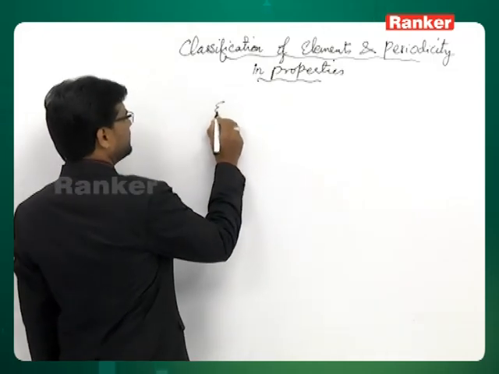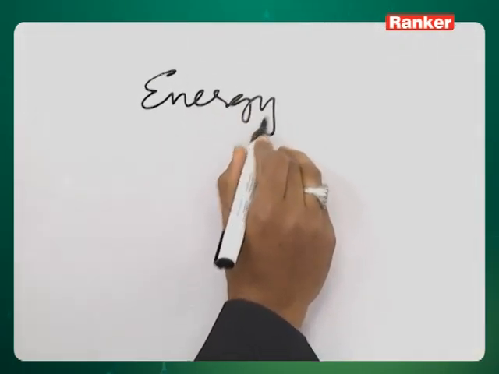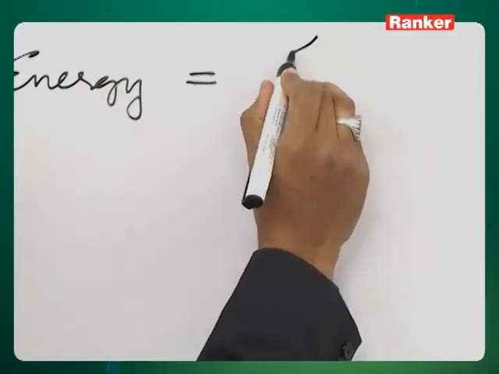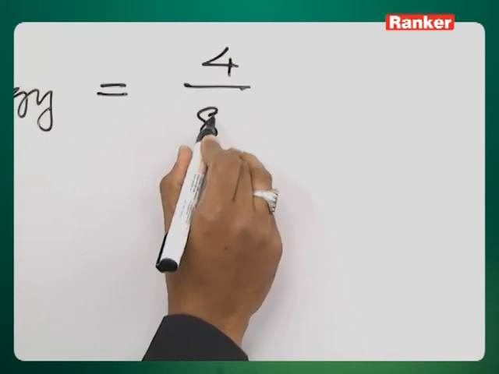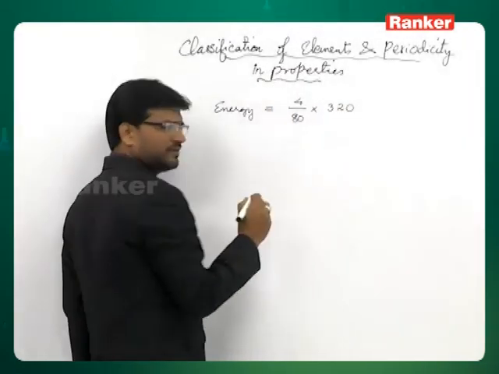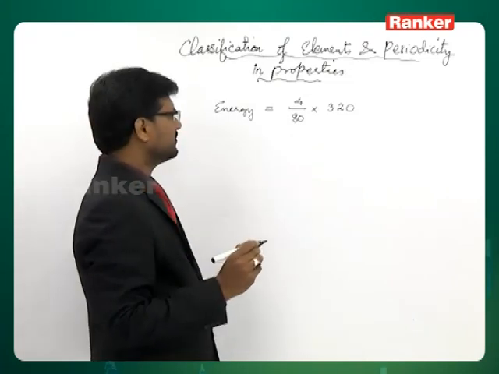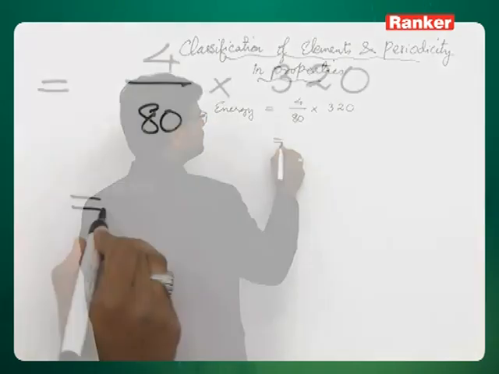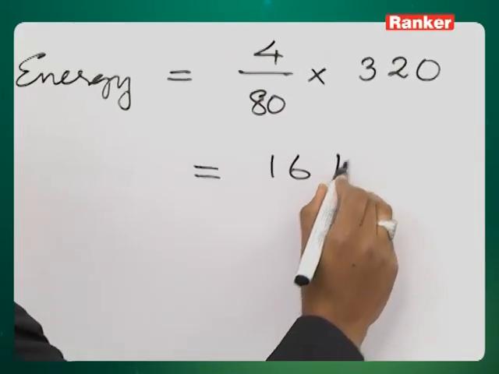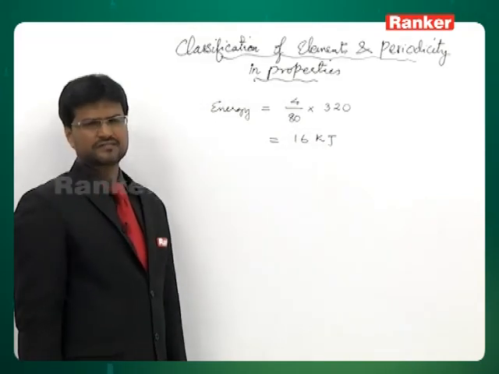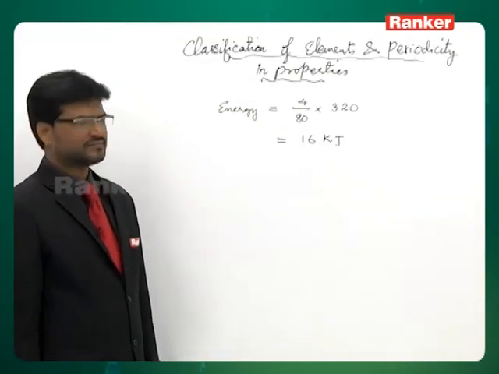So, the energy released is equal to 4 by 80 into 320. That comes to 16 kilojoules. So, the correct answer is 16 kilojoules.